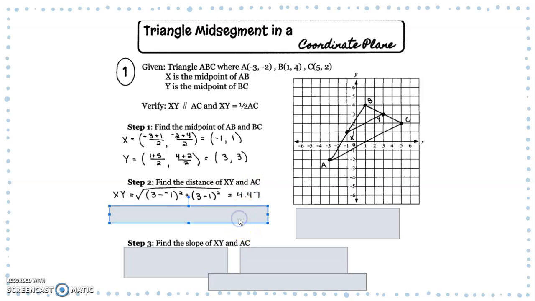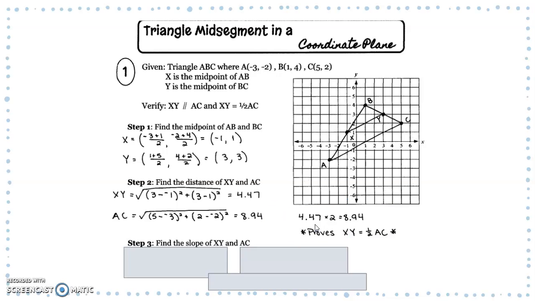And then I need to do it for AC. AC is the parallel side to XY, so it should be double XY. When I do that, I get my different decimals, so 4.47 for XY and 8.94 for AC. We can check and see that 4.47 times 2 is in fact the value of AC, so that alone proves that XY is 1/2 of AC.